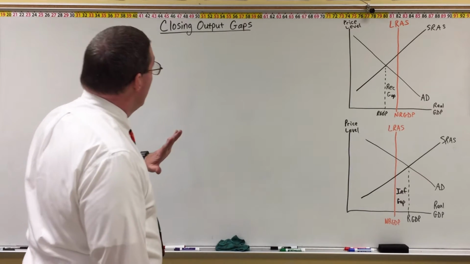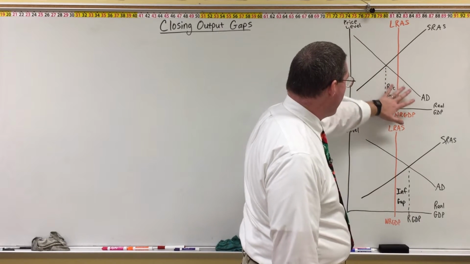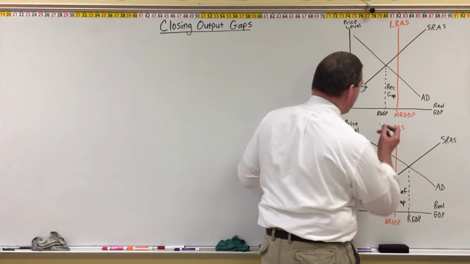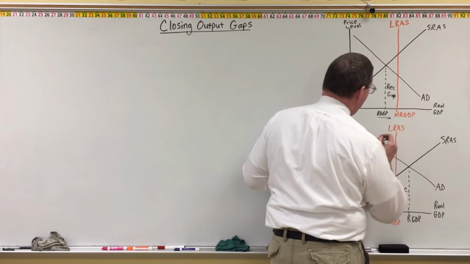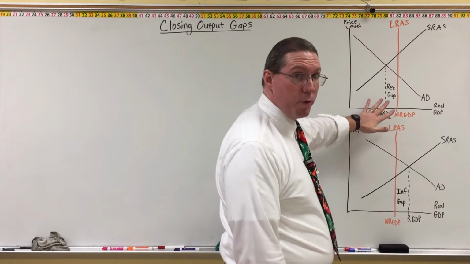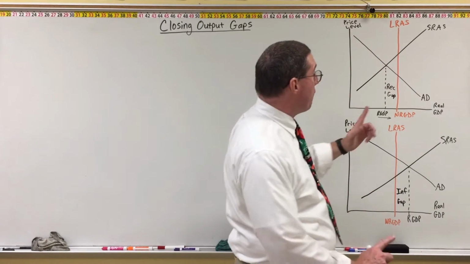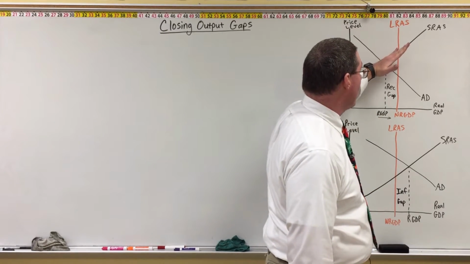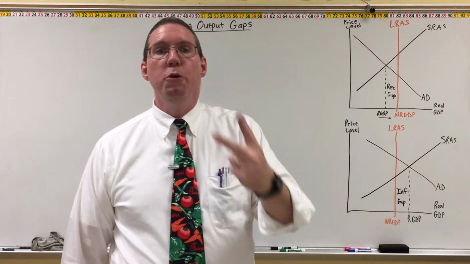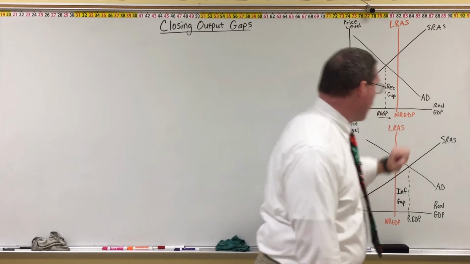So here we go. We have a situation where real GDP is less than natural real GDP, and so really what we want to do is increase real GDP. That's what we want to happen. And there's a couple ways that we can increase real GDP. If we go back in our knowledge to when we learned about shifts in the short-run aggregate supply curve and shifts in the aggregate demand curve, we know that there are two things that can cause real GDP to increase.